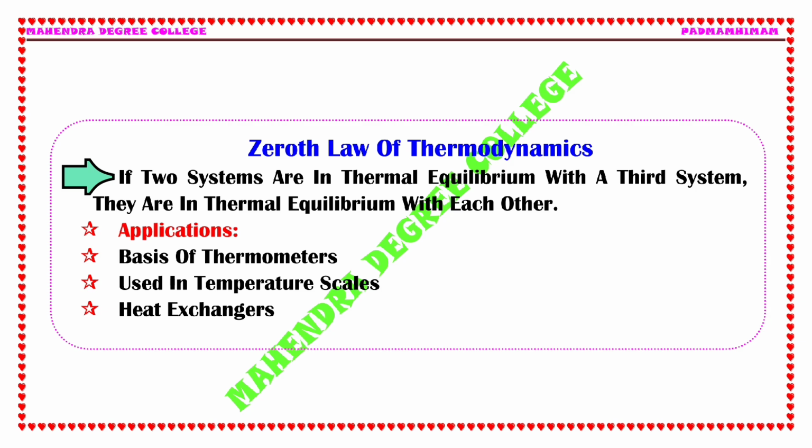Meaning, A and B have the same temperature since both match with C. This law establishes the concept of temperature as a measurable, comparable property. Without this principle, we could not use thermometers.